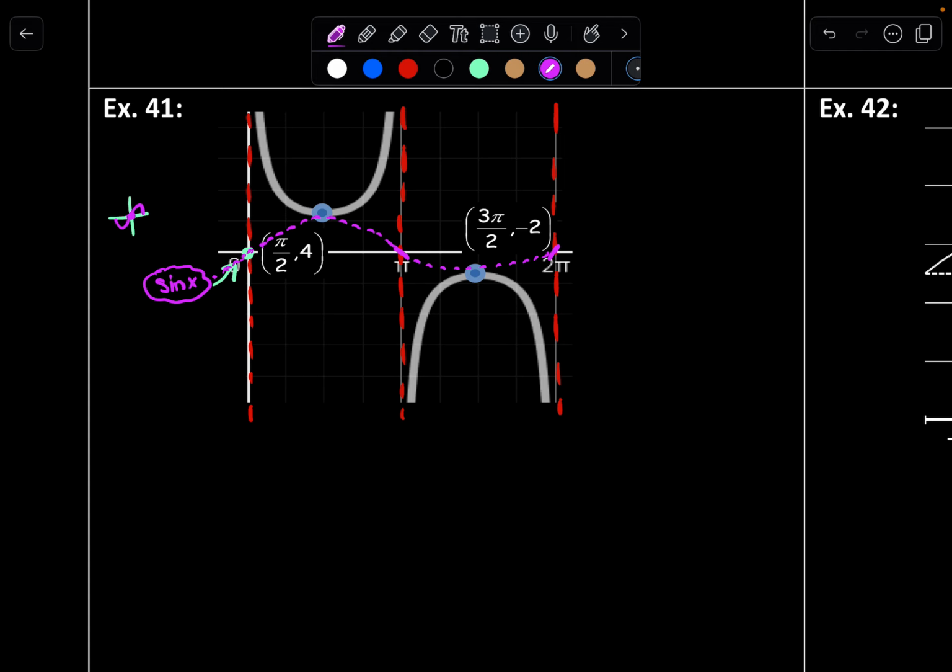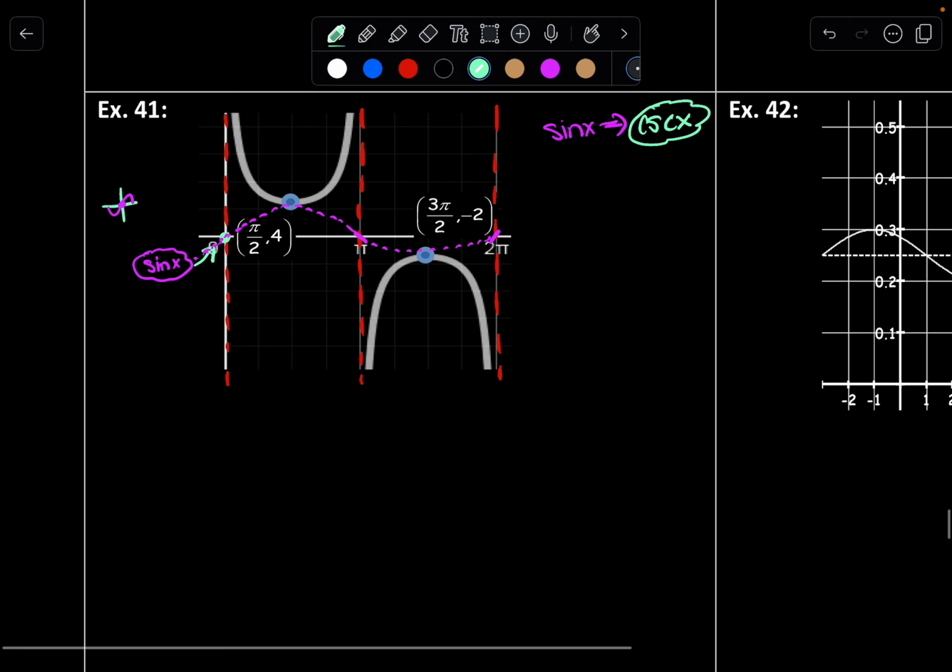But since we're using the reciprocal, instead of sine x, I should use cosecant. That way I'm being efficient and I will not have to use a phase shift for this one, okay? So if we use cosecant, we're going to need our a's, b's, c's, and d's.